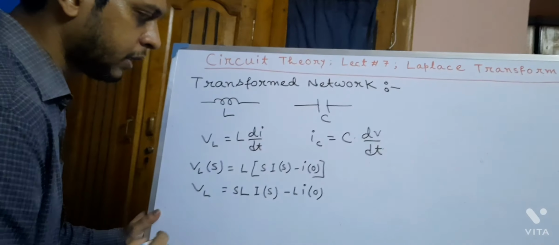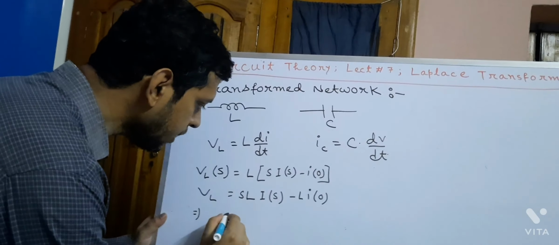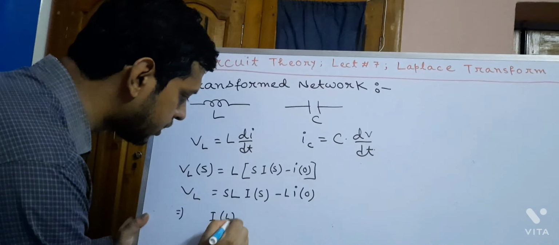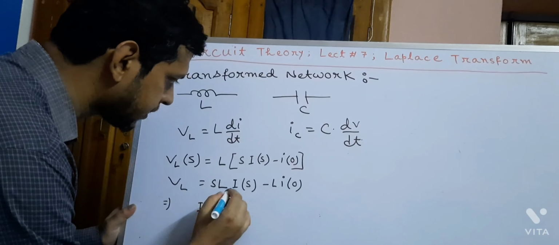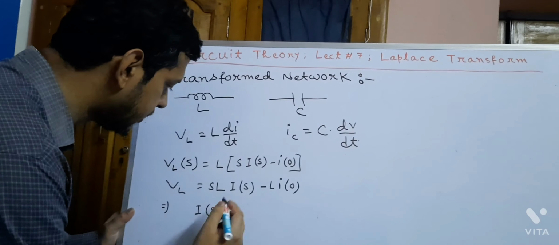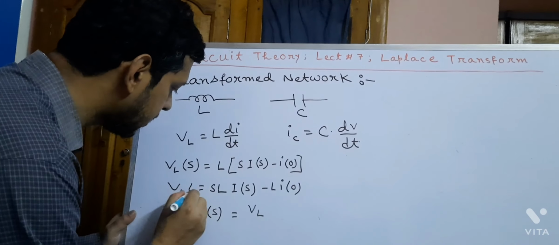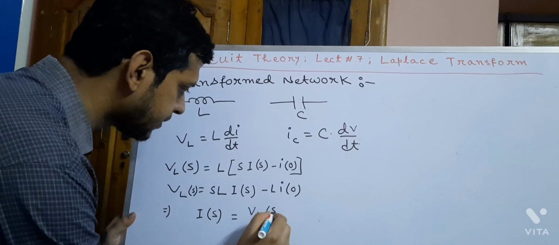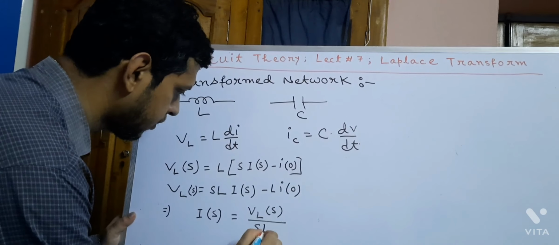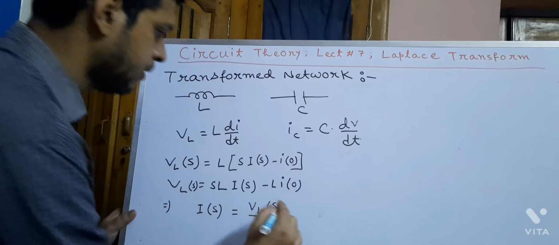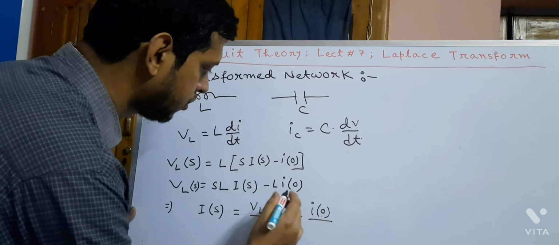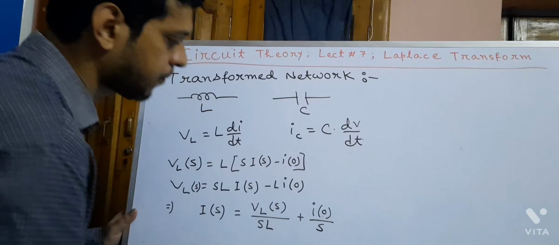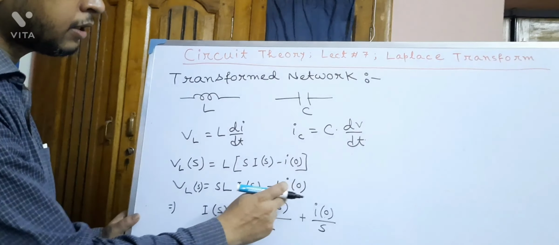VL equal to this one, or I(s) equal to what? I(s) equals VL(s) by sL plus I0 by s. Here I0 is the initial current.